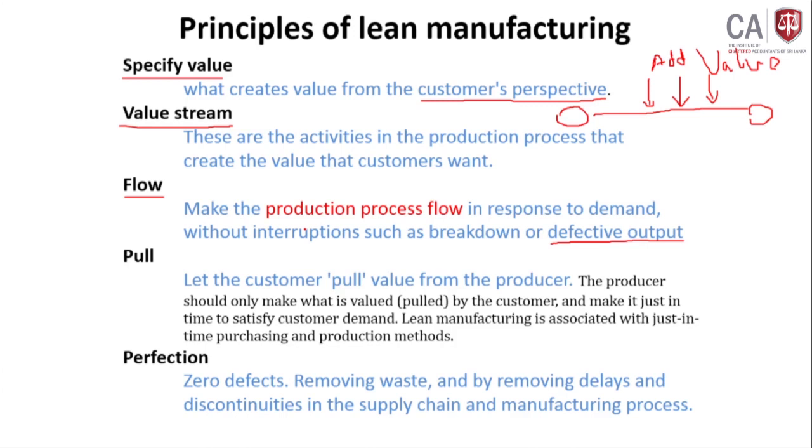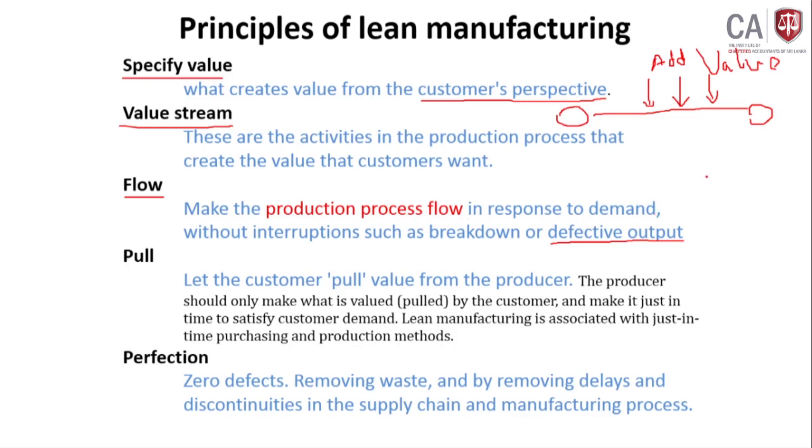Without any interruptions in the production process, if you have planned it well in a lean manufacturing environment, you can produce the product that the customers need, based on the demand, and give the product to the sales people to sell it, without having defective product.